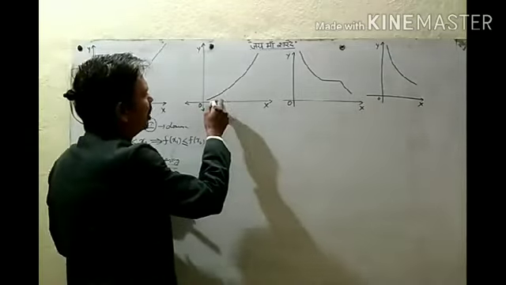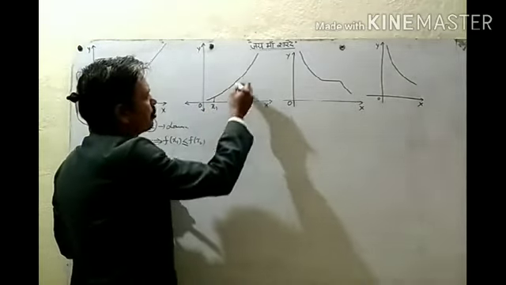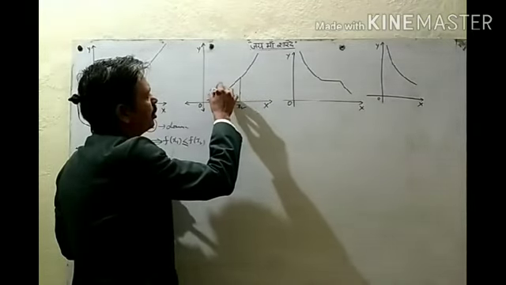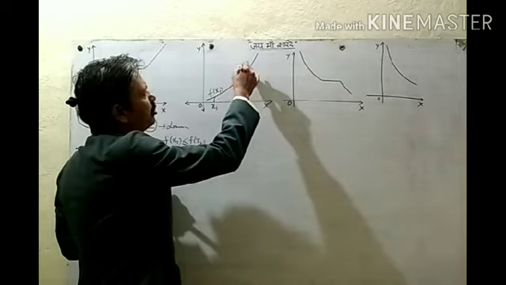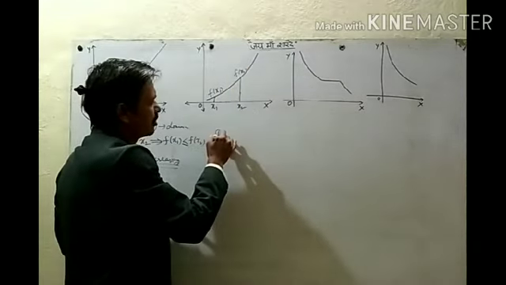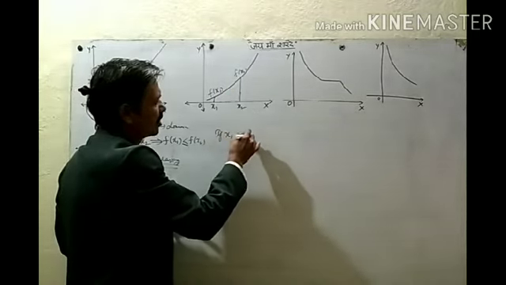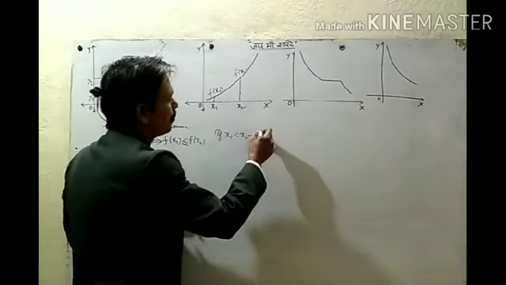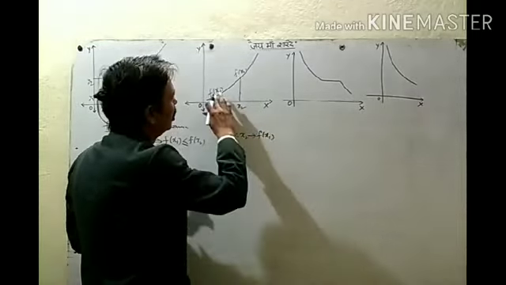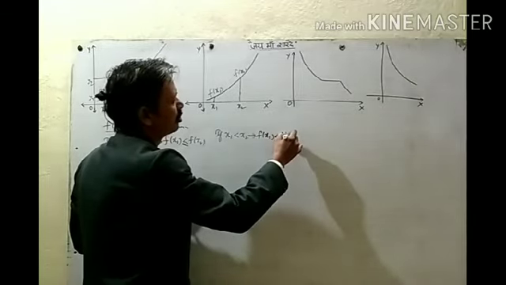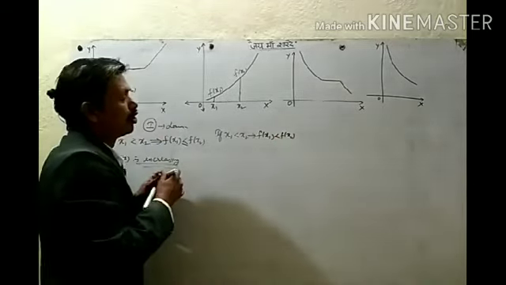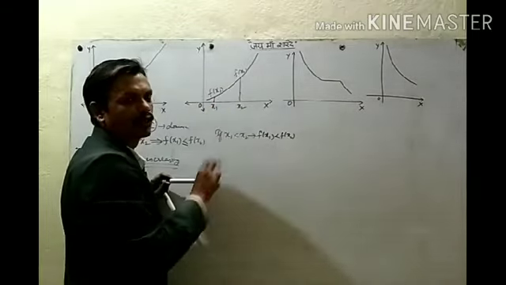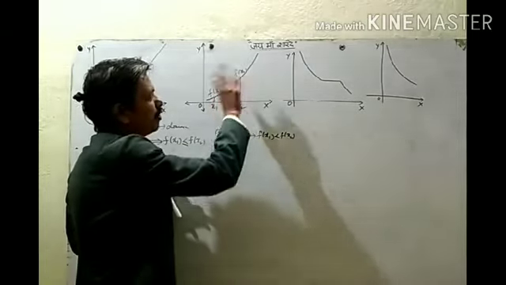Then if we take x1 and x2, and the values f of x1 and f of x2, x1 is less than x2, and this implies f of x1 is less than f of x2. Now for different values of x1 and x2, f of x is not the same.